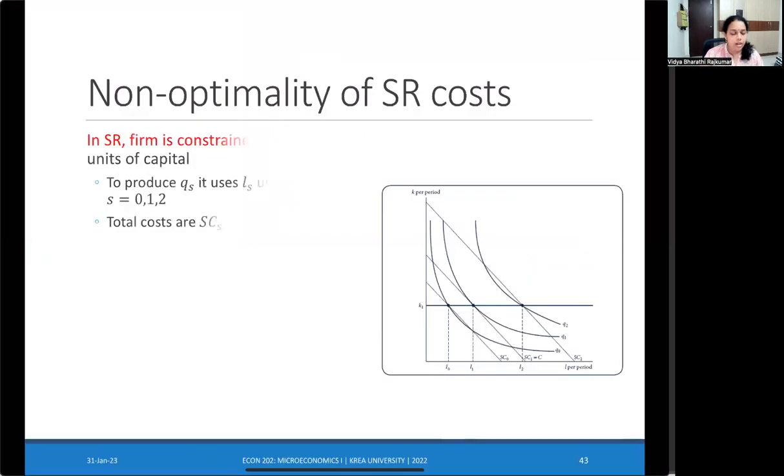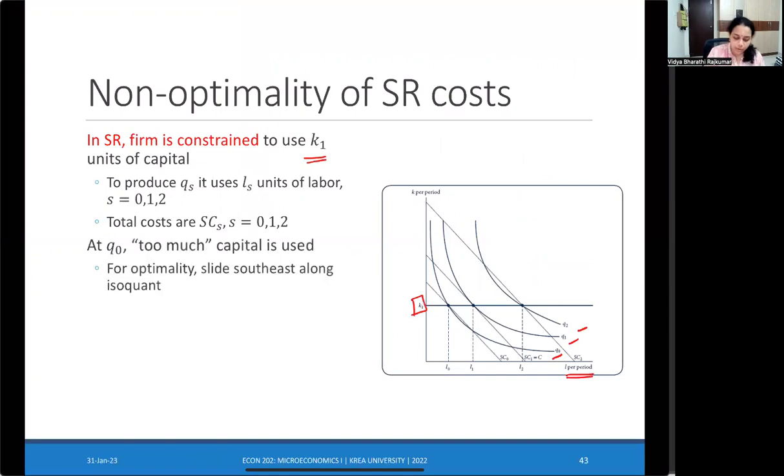So we first need to realize that while our goal is to optimize costs in the long run, they may not necessarily be optimized in the short run. So suppose we are constrained to use K1 units of capital, and we're looking at a scenario where we're trying to produce different levels of output, Q0, Q1, and Q2. We are allowed to vary our labor input, but our capital remains fixed at K1. So let's see what's happening at Q0.